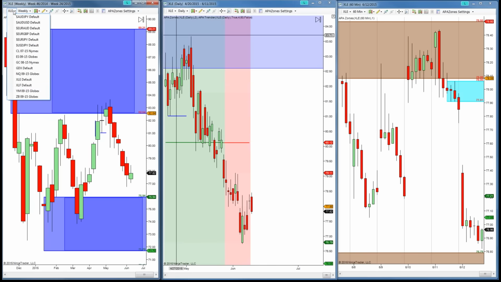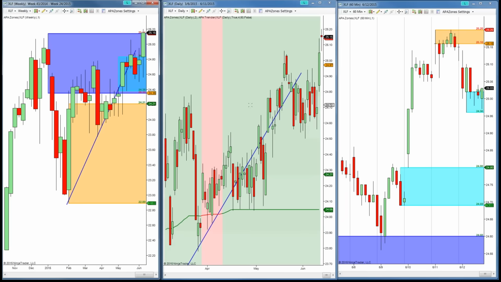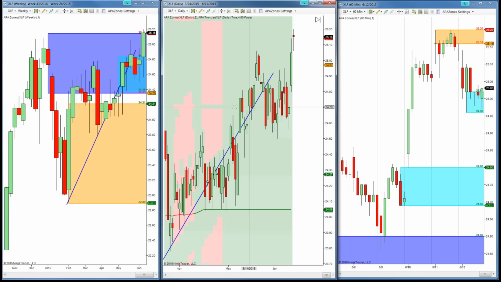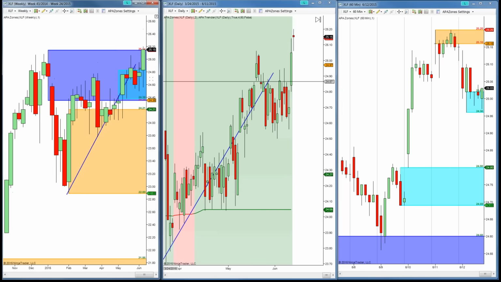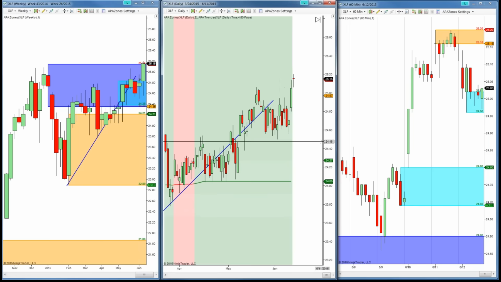All right, so let's go look at this. This is another ETF, XLF. On the XLF, this one actually has just made a new high. So that is different than what we've been seeing for the most part.